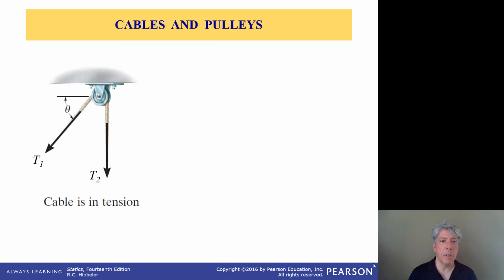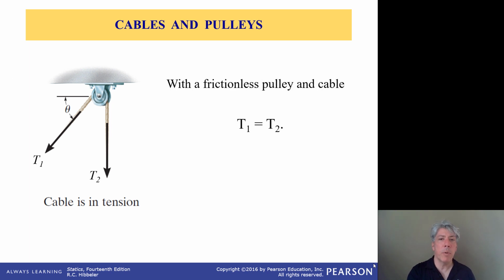Now cables, how do you deal with cables and pulleys? Well, cables are always in tension. You can't push a rope, so to speak. But what we assume is that we have frictionless pulleys and cables, at least most of the time. Later on we'll change that, and we'll consider what happens when we do have friction in a pulley.